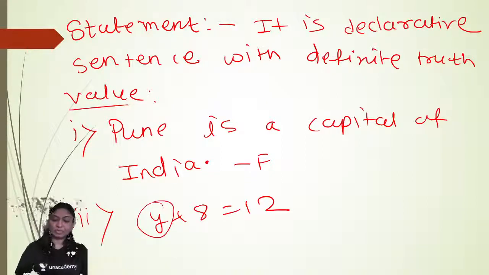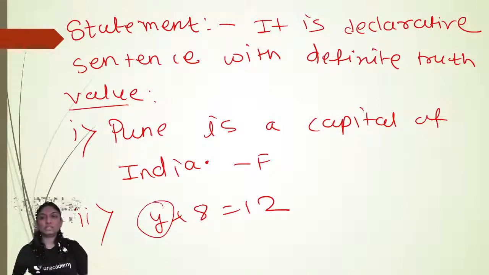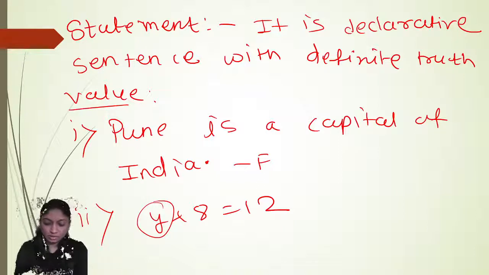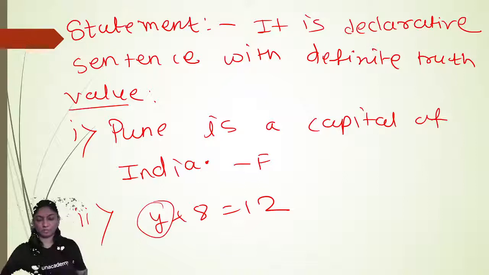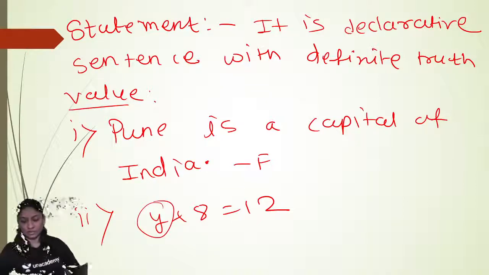Sometimes it will be true, sometimes it will be false. A declarative sentence with a definite truth value means either the truth value is false or it is true; both will not be possible.